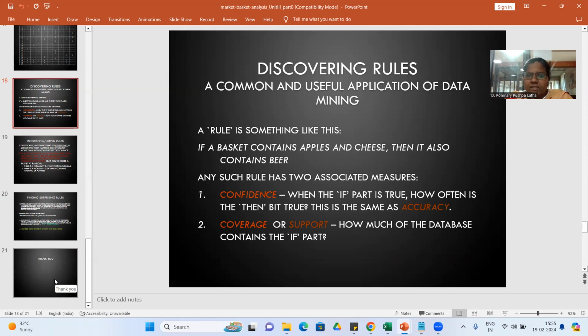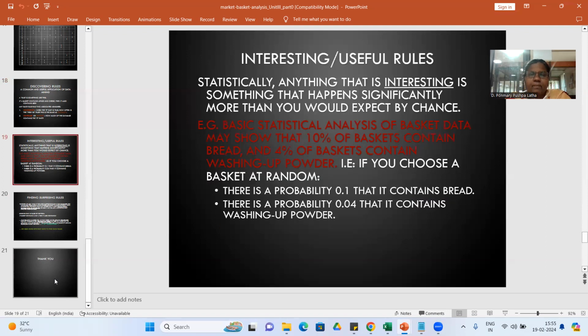That is confidence. Support is how much of the database contains the if part. Suppose there are 20 transactions, how many breads are there? That is the support count.